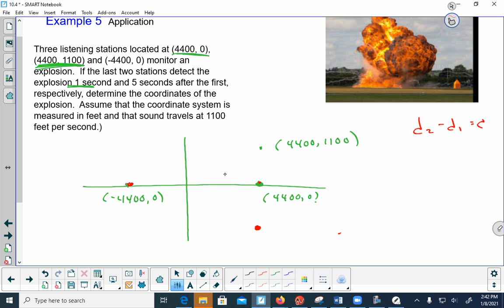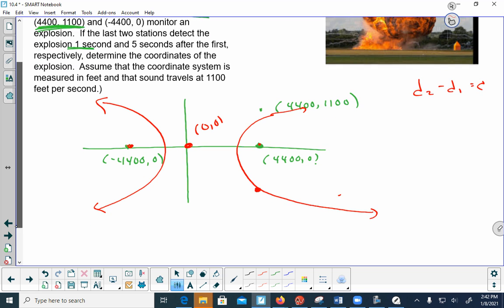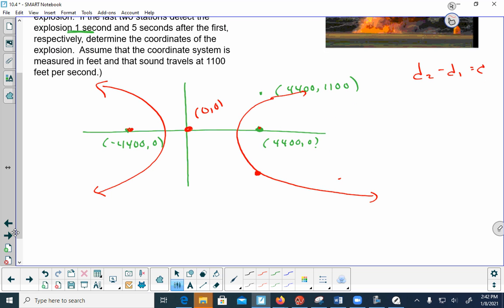I don't know where that point lies, but the explosion will be on this branch somewhere. So negative 4400, 0 and positive 4400, 0 are my foci, which means my center has to be 0, 0, because that's an equal distance from both of them. That's the midpoint of negative 4400 and positive 4400.